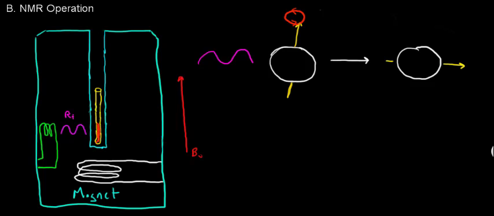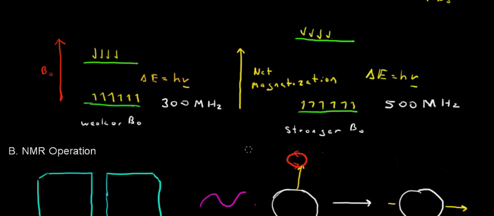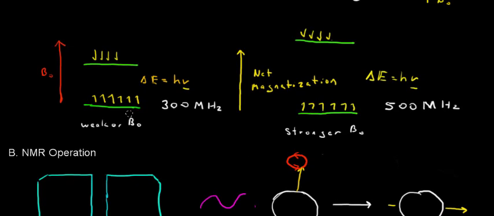And so what does that do to our relative populations of spin up and spin down nuclei? Let's go back up to this. So what that's going to do, since some of these nuclei are no longer in the spin-up direction, we're now going to have the same number of nuclei, I'll do it on both of these spectrometers, in the spin-up direction as in the spin-down direction, like so.